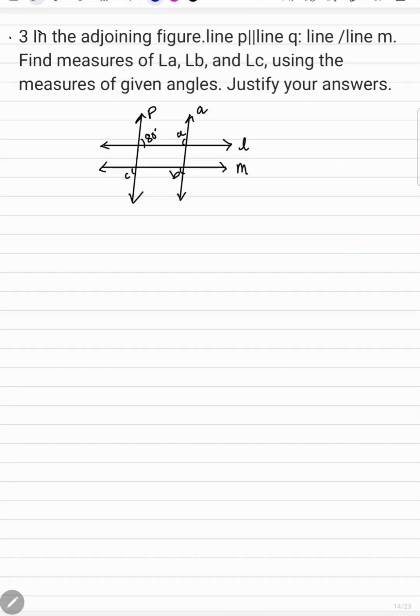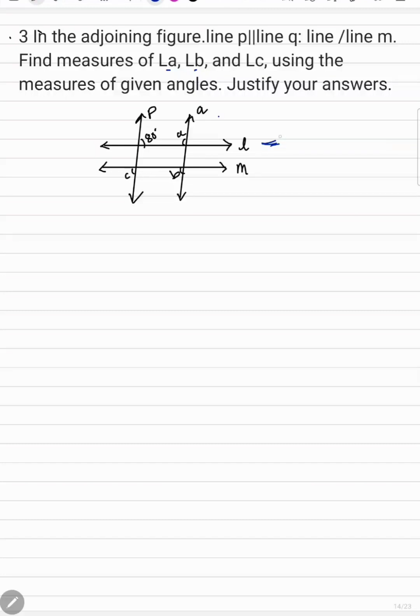In the adjoining figure, line P is perpendicular to line Q, and then lines L and M. We find the measure of A, B, C using the given angle. P and Q are parallel lines, and line L is also a transversal.